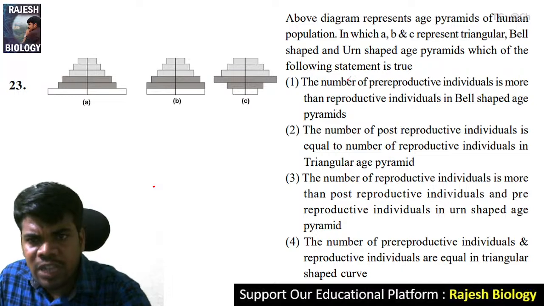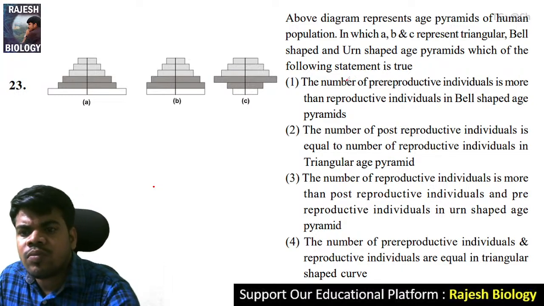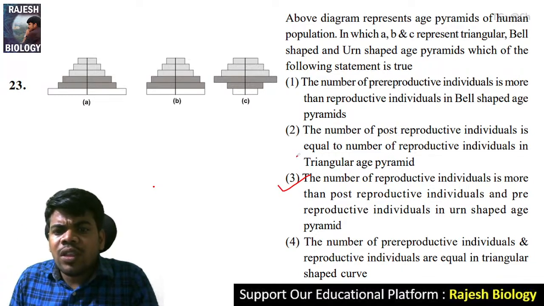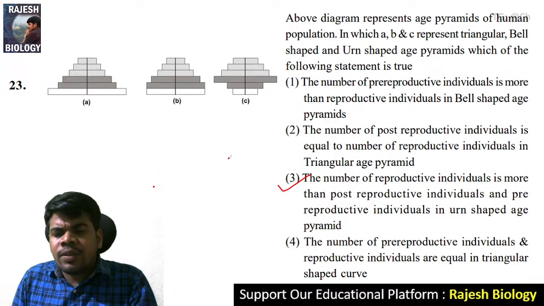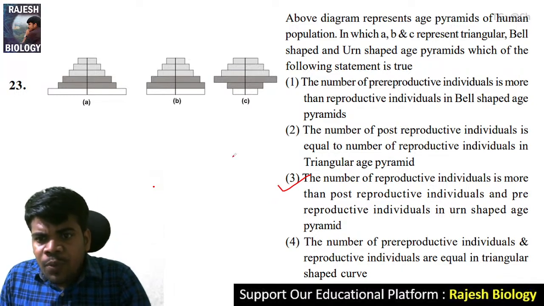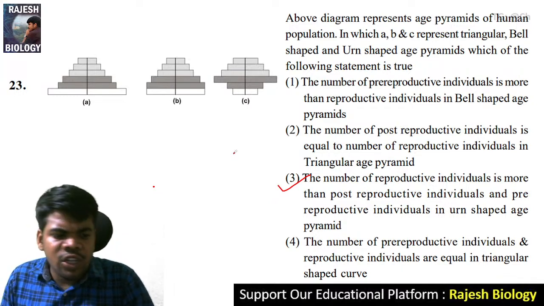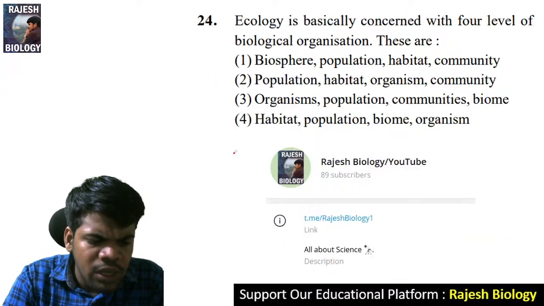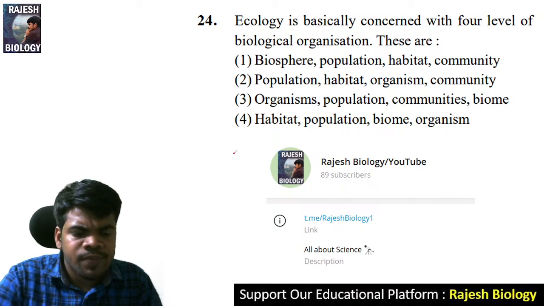Which of the following statements is true? This is true. The number of reproductive individuals is more than the post-reproductive individuals and pre-reproductive individuals in urn-shaped. 23, 3, very good, Gnaneshwari. Come to the 24th question.